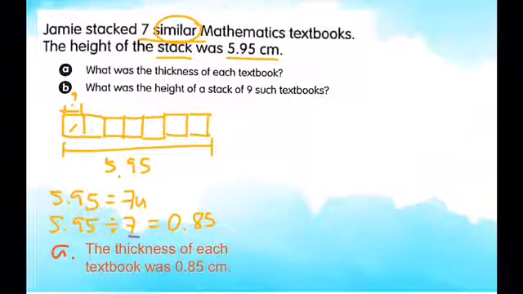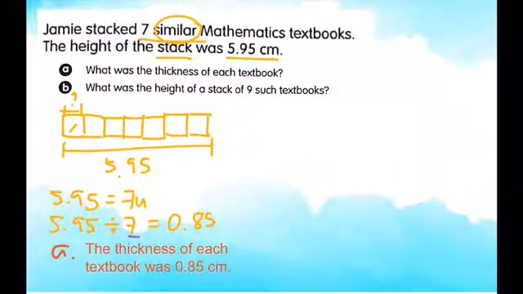Now let's try to answer question B. Question B says, what was the height of a stack of 9 such textbooks? What information have we gathered to help us find the height of a stack of 9 such textbooks? So in this part, we're trying to imagine not 7 textbooks stacked on top of each other, but 9 textbooks already. We know that one textbook is 0.85 centimeters in terms of its thickness.